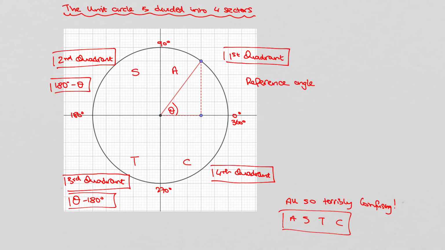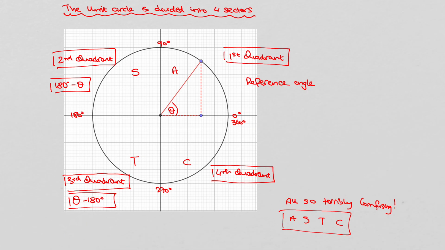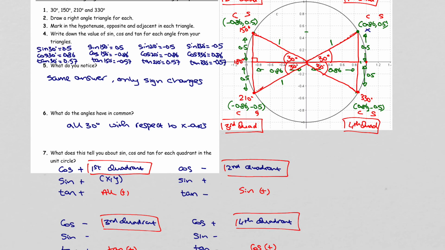In other words, 210 degrees is what we traced out. If I take 180 away from it, I get 30, which is the reference angle. And in the fourth quadrant, it was 360 degrees minus theta. In other words, we traced out 330 degrees, and if I take that away from 360, again, I get my reference angle of 30 degrees.